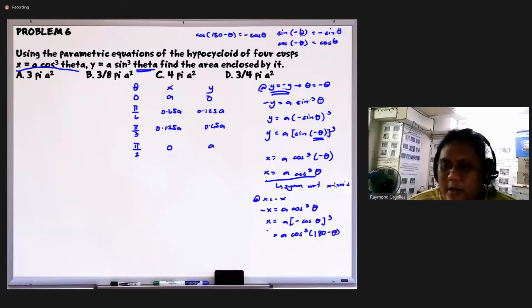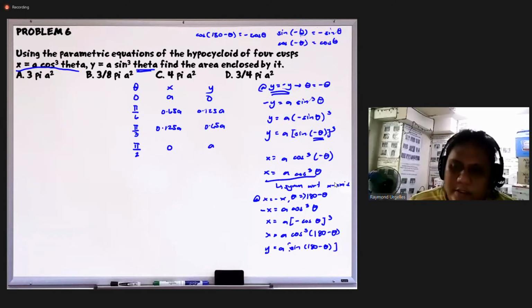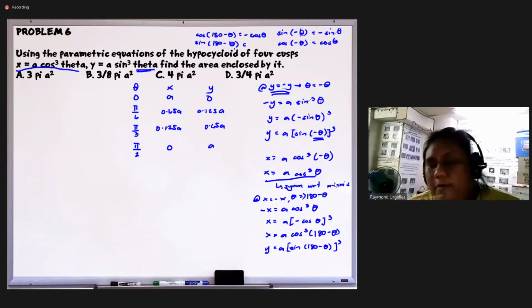So kaya pag pinalitan natin yung x ng negative x, yung theta mapapalitan ng 180 minus theta. Diba? So then solving for y, y will be equal to a sine of 180 minus theta, this quantity raised to the third power. Diba? So sa sine naman, pag ginamitan natin ito ng difference identity, sine 180 cosine theta minus cosine 180 sin theta.